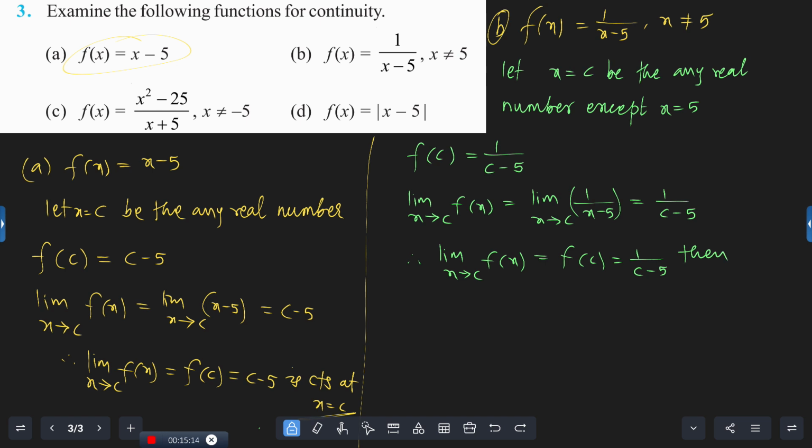Then I'll write: then f of x is continuous at x is equal to c, except 5. So f is continuous at c except 5. This is the B answer.